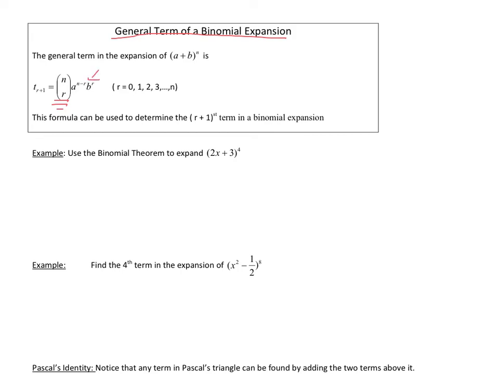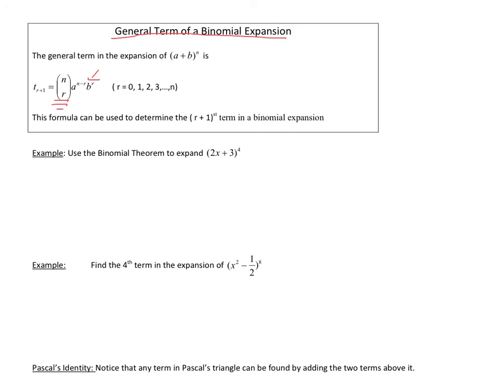And so depending on the size of n and r, we could have only a few terms in an expansion, or if we have an n value of 12, we would have 13 terms in the expansion, which could be pretty complicated if you tried to multiply it out, 2 binomials at a time until you got to all 13 terms.